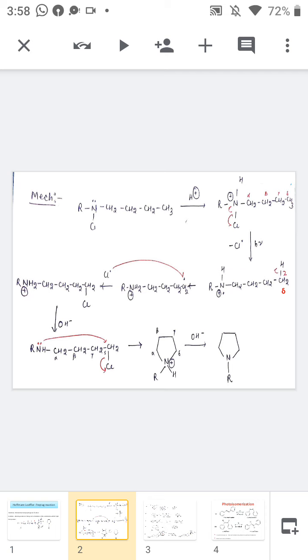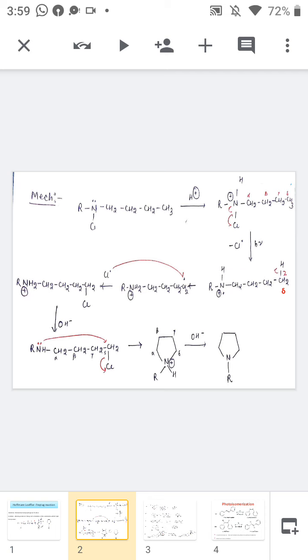Then if you apply radiation, the hydrogen in the delta position is homolytically cleaved and a radical is generated in the delta position, and the chlorine radical present in our reaction medium combines with the radical in the delta position and we get the chlorinated amine in the delta position.